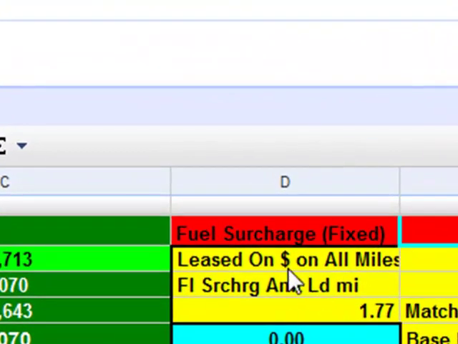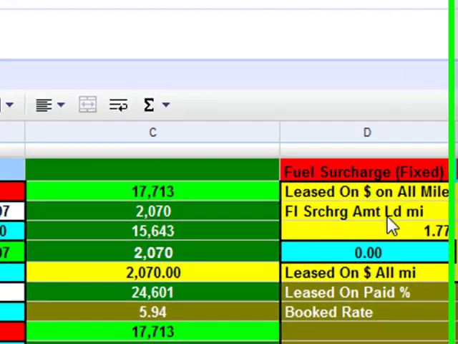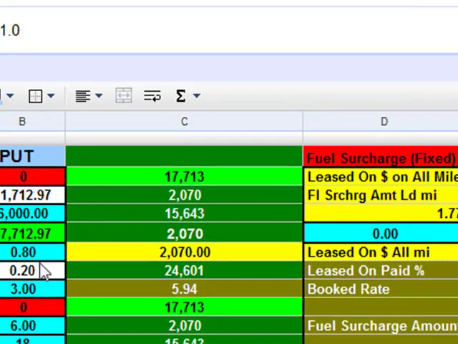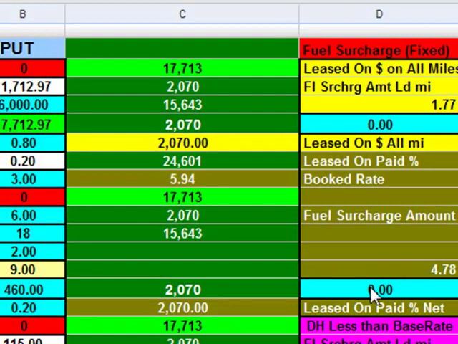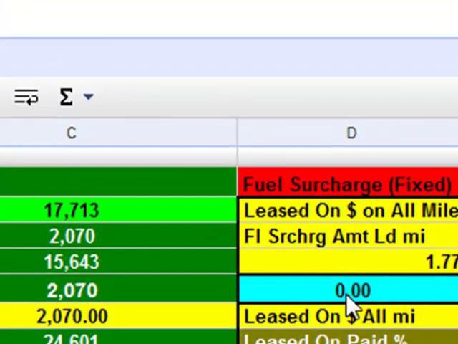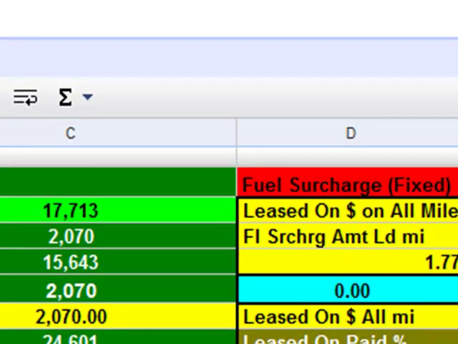Okay, lastly, if you're leased on, I want you to put your one in here, make sure all the other boxes are zeroed and so forth, and then go ahead and manipulate this box to whatever this says, match rate goal. Okay, right there. Then if you have a fixed fuel surcharge, put your one in here, put your fixed fuel surcharge, and then kind of work this a little bit more, and that's how you'll get your rate.